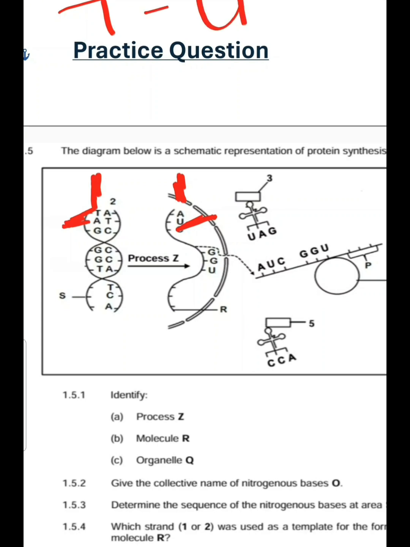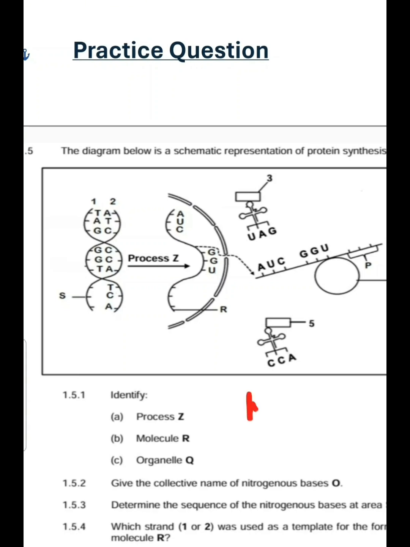Okay. Then this is G, so that becomes C. Then this is also guanine, so this becomes, oh wait, it's twisted, right? So this is cytosine, so this becomes guanine. Then this becomes G also, and A becomes U. So it's basically process 1, strand 1.